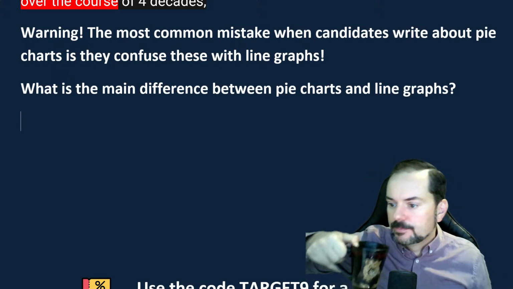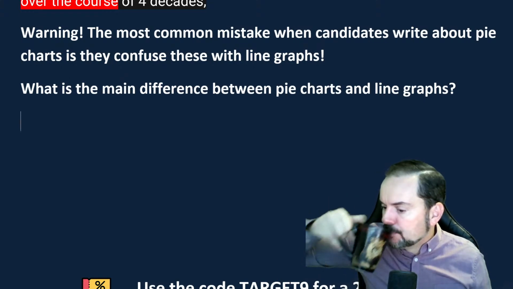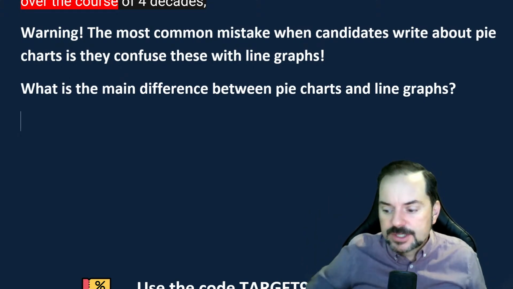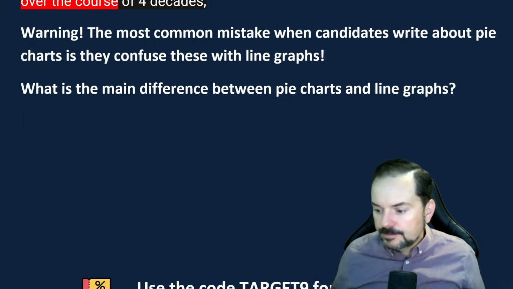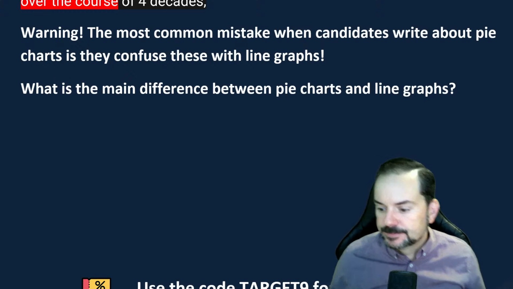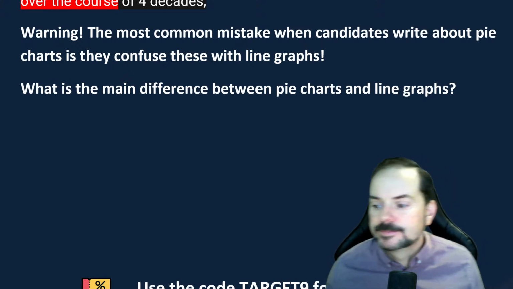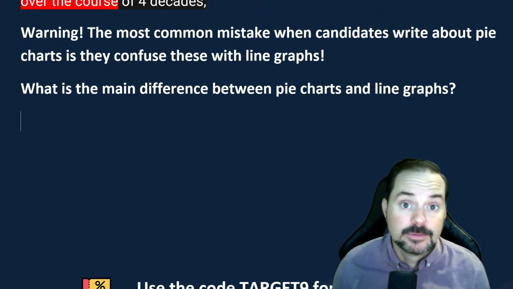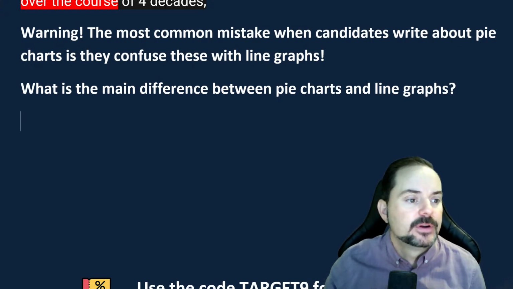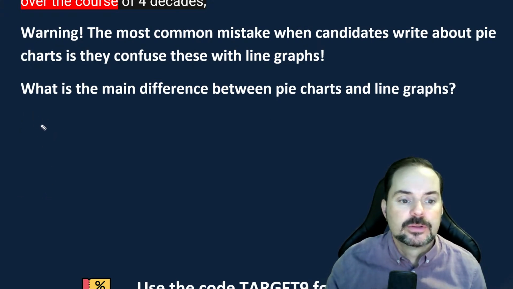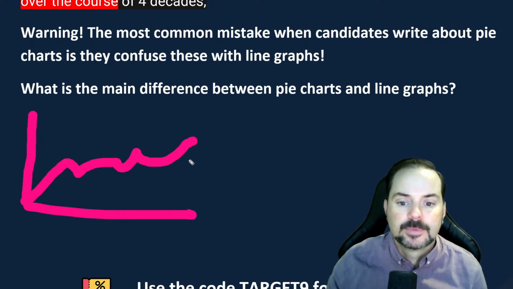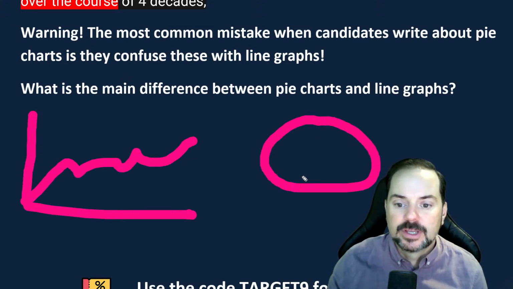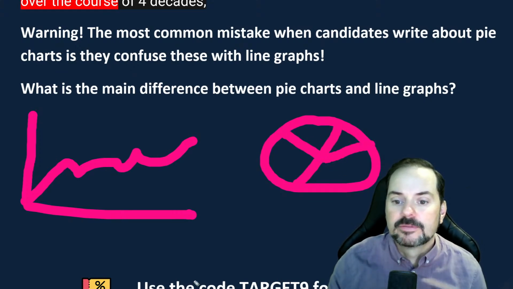Very important to know this. Okay. What is it? I mean, they look different, obviously, right? When you have a line chart, then you're looking at something that looks like this. And when you're looking at a pie chart, you're looking at something that looks like that. Okay, so they definitely look very, very different.